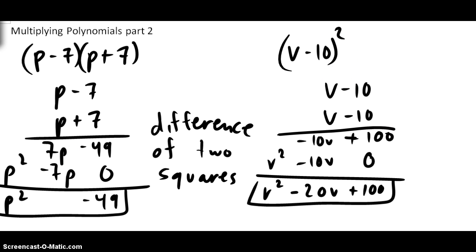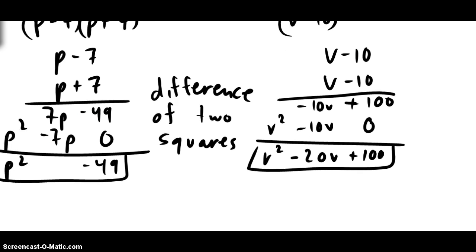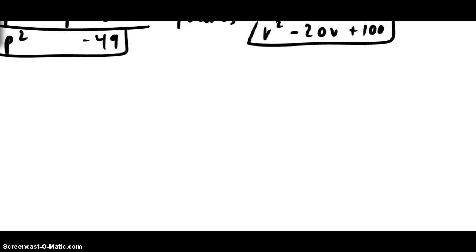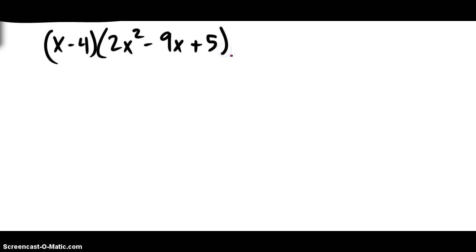The one other example I want to show you is trinomials. Maybe you want to multiply a binomial by a trinomial, or maybe things get more complicated than just squares. So for example, if we have x minus 4 times 2x squared minus 9x plus 5, it's the same thing as the way we set it up.